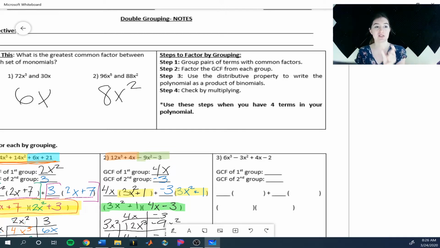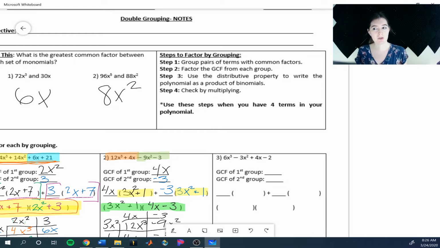We found that we got the same binomials, and we factored that out, and then we wrote our GCFs in another binomial to the side. We checked it all by multiplying.